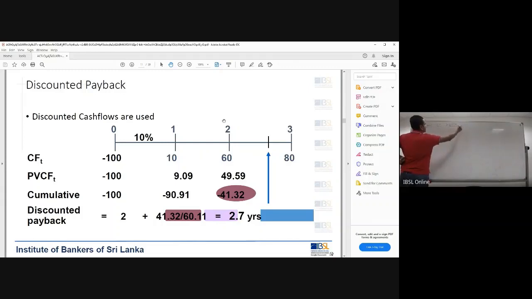It says the discount rate is 10%. Discount rate of 10%.